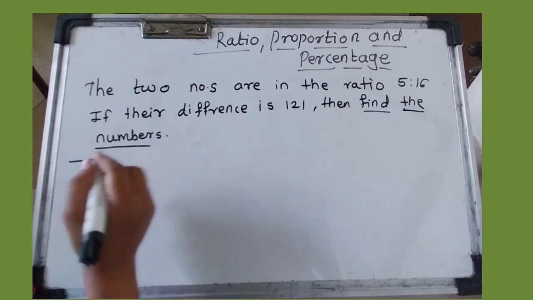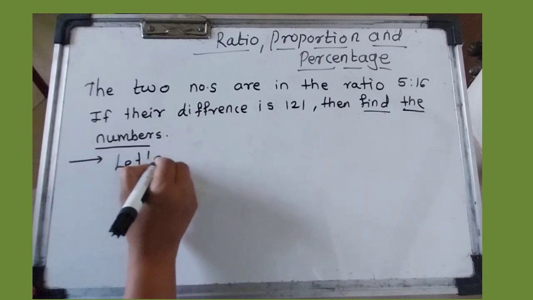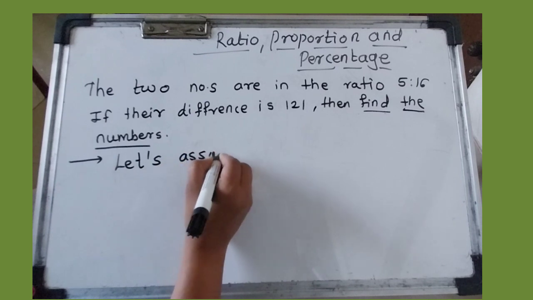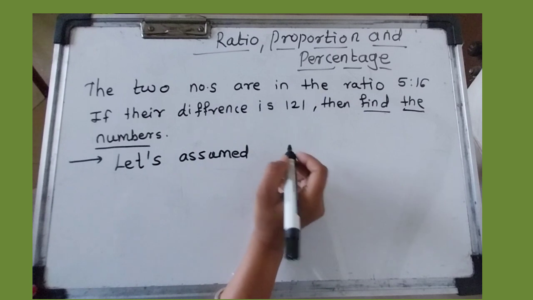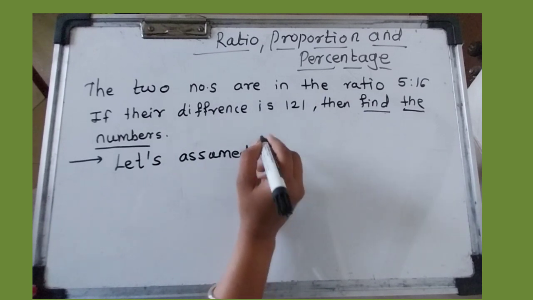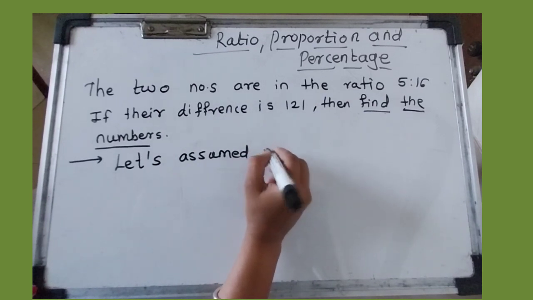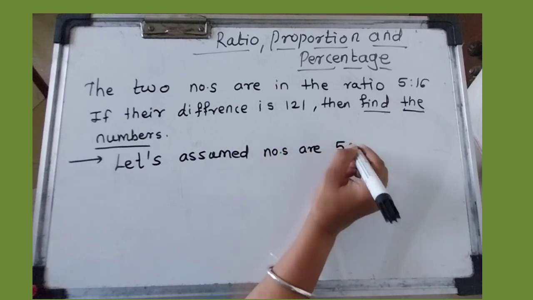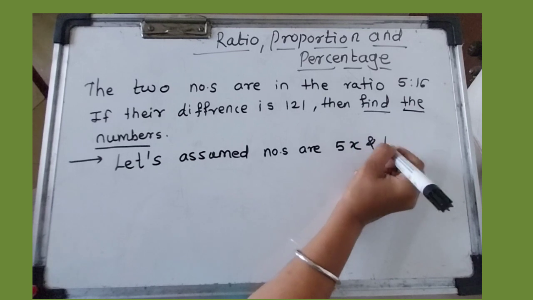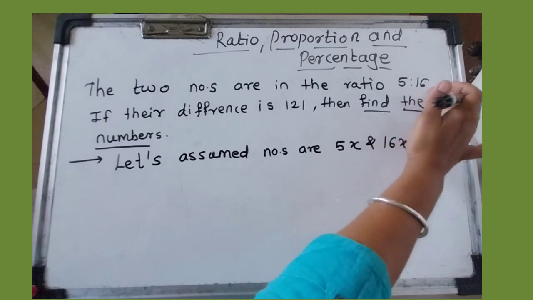Assume that number. Let us assume, directly assume the answer. Assumed numbers are 5x and 16x, the given ratio of the numbers.